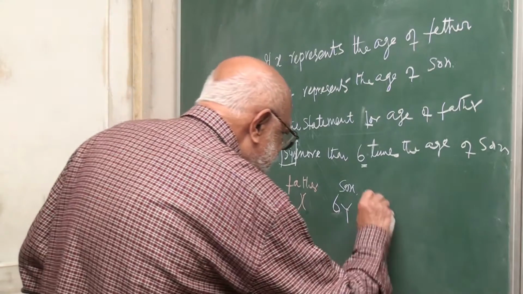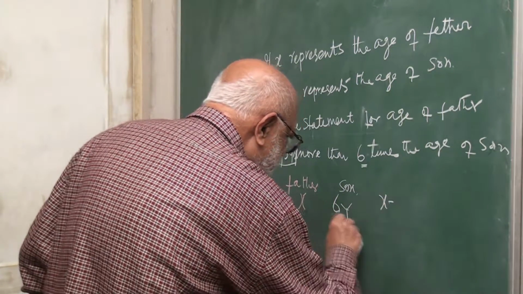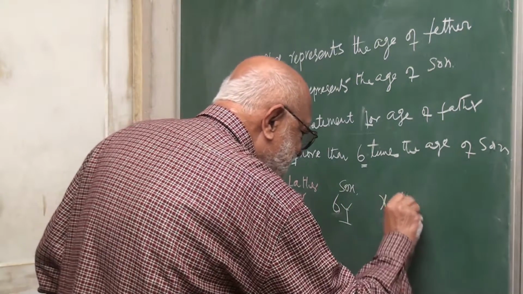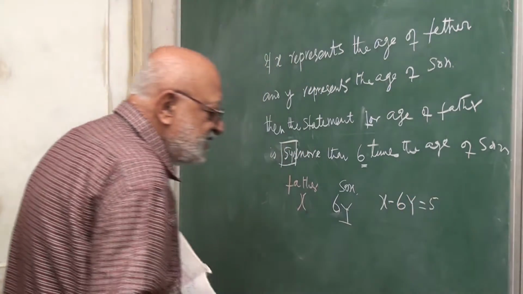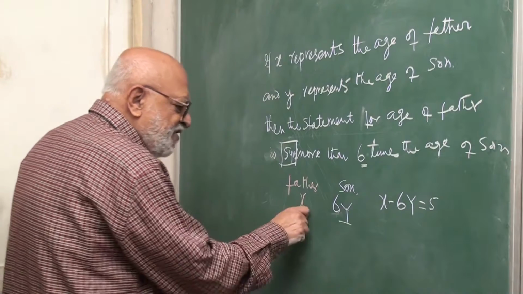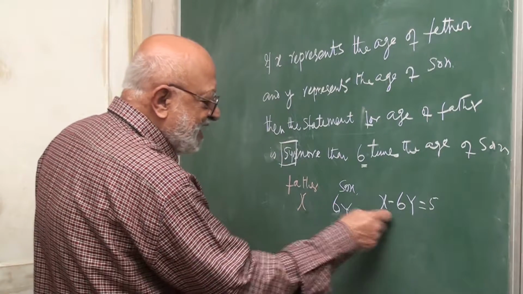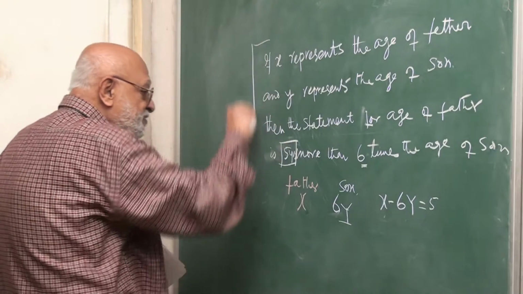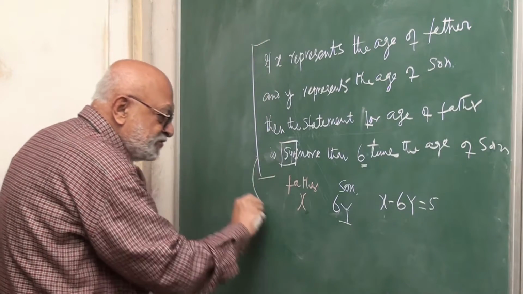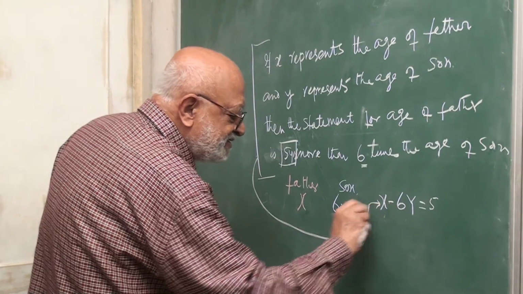So x minus 6y, if I deduct 6y, will be equal to 5. So the age of father is 6 times more than that of son, and this whole statement is reduced to one mathematical statement.